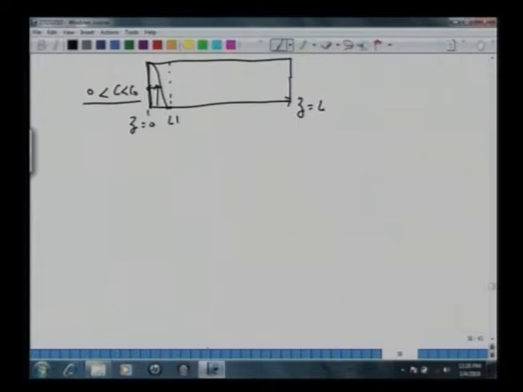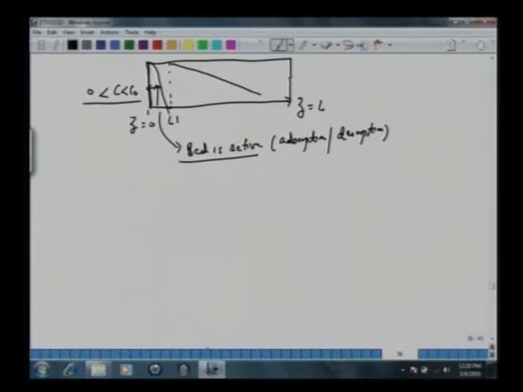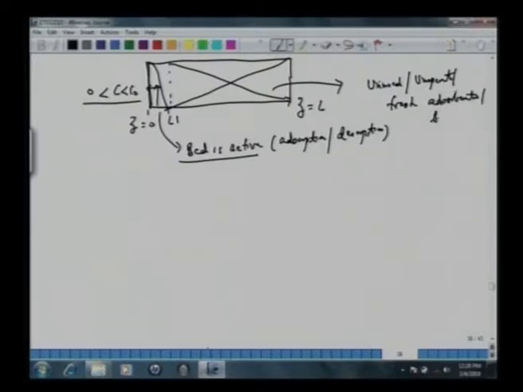So this is a zone where the bed is active. When we say that the bed is active, we are saying that there is adsorption and desorption. It's a reversible process. So in this region there is adsorption and there is desorption. However, there is a region here where there is no activity. So this is the region that is unused or unspent, or it's a fresh adsorbent bed. So it's a fresh bed here.